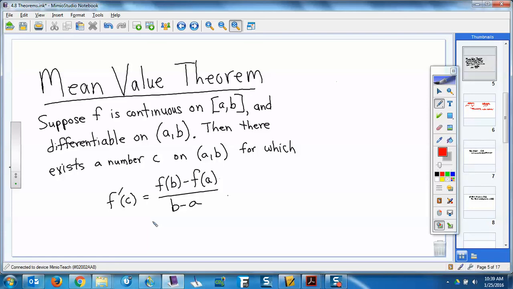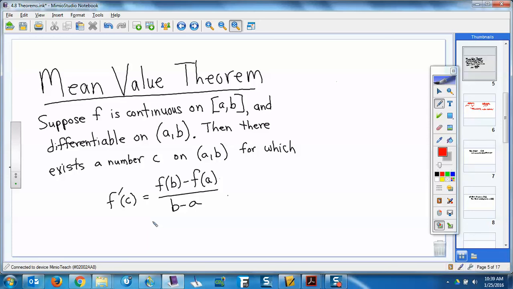No, that's what this side says. The right side says what? Slope what? Between the endpoints, the slope between the endpoints, right? So this says the slope at some point in between the endpoints, and this says the slope between the endpoints, and then they got to be equal.